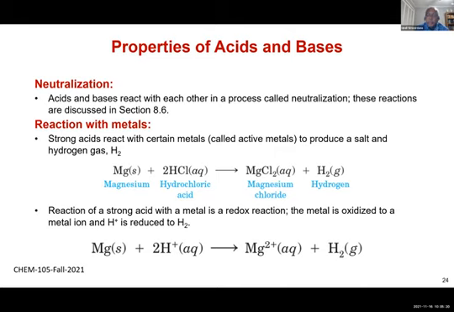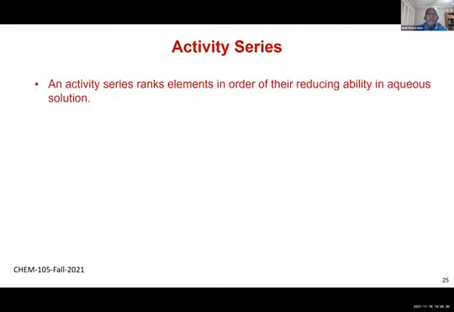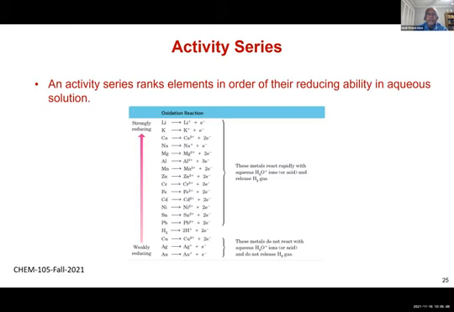Based on metal reactions, we come up with the activity series for metals in their tendency to reduce hydrogen ions to hydrogen in aqueous solution. These active metals are listed in a series below.